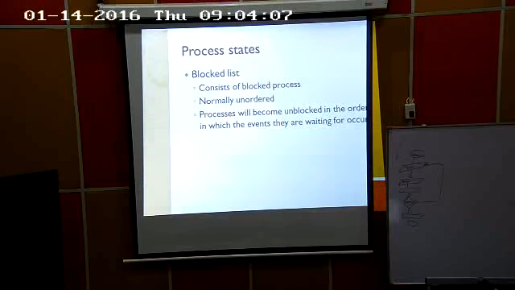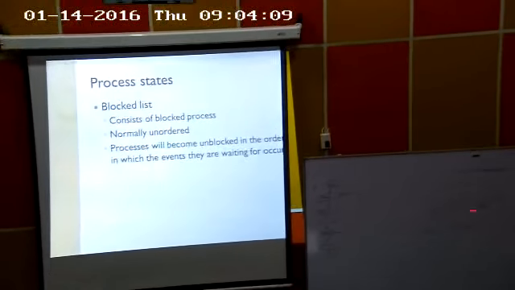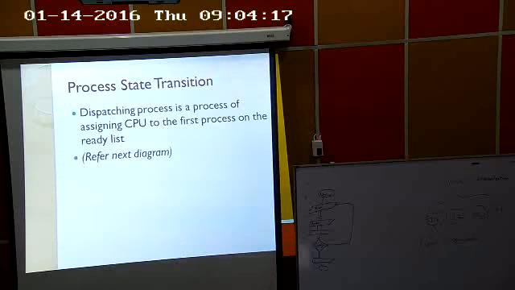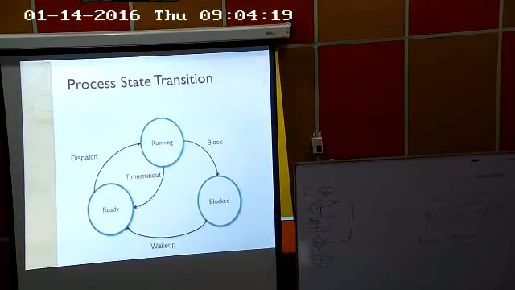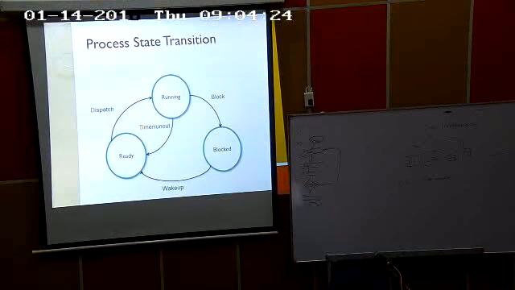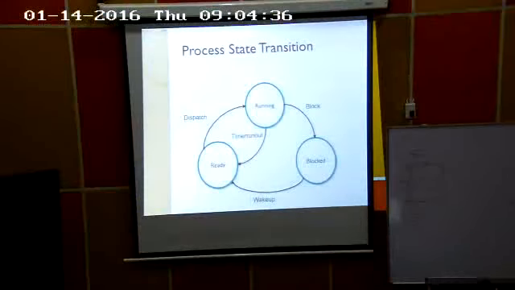Or job 3 occupies the largest space, and job 2 needs to wait. Running, ready first. Everything is clear in the memory partition. Dispatch, either in contiguous or non-contiguous.